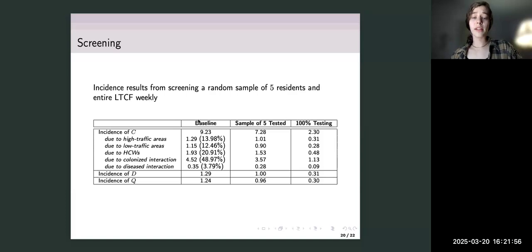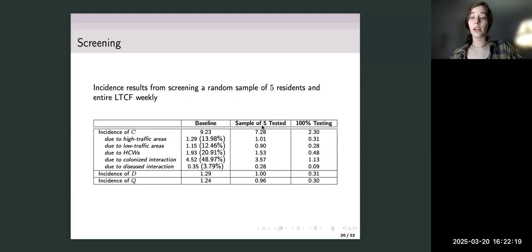One thing that we can see is that it provides some promising results. If you only sample 5 residents and quarantine the asymptomatically colonized, it reduces this number from 9.23 to 7.28. And then 100% site-wide testing on a weekly basis reduces it to 2.3.